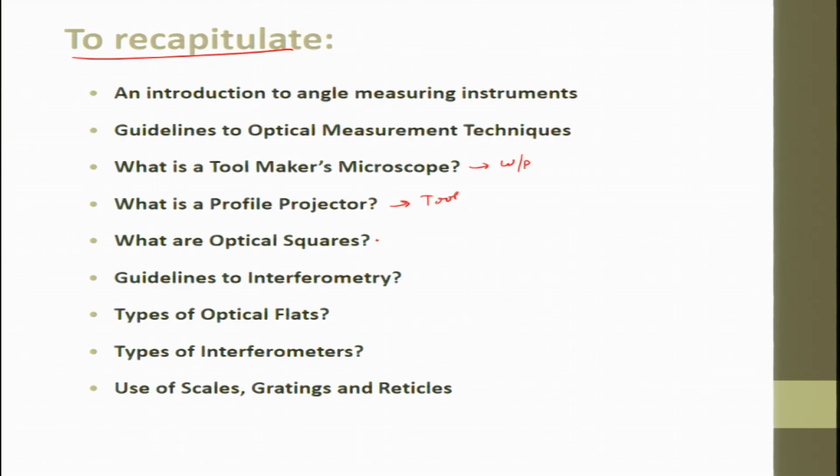Then we saw interferometry, guidelines for interferometers, and the optical flat, the instrument used to generate interference fringes. Types of interferometer, one is NPL, then we saw laser, different scales, gratings and reticles, and finally a very brief look at nanometrology also.